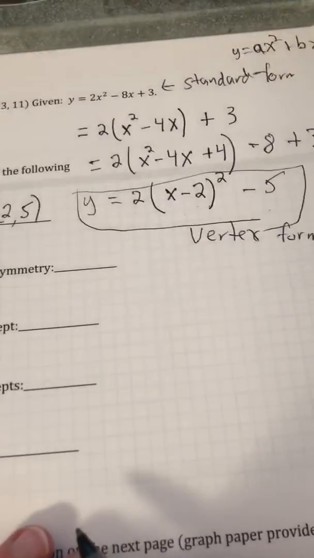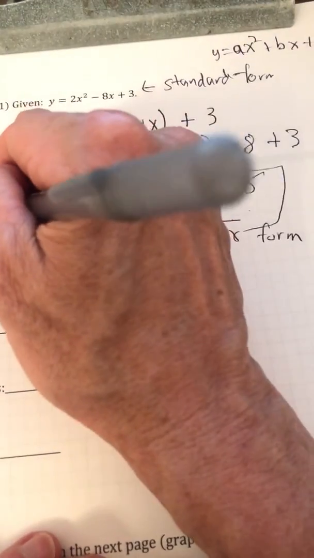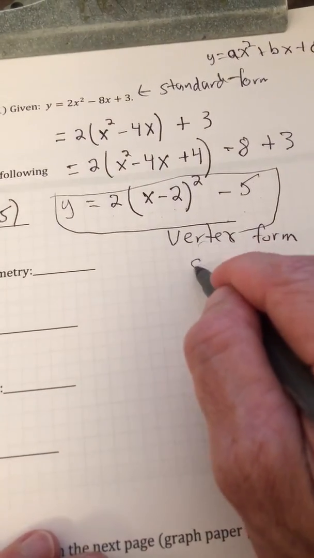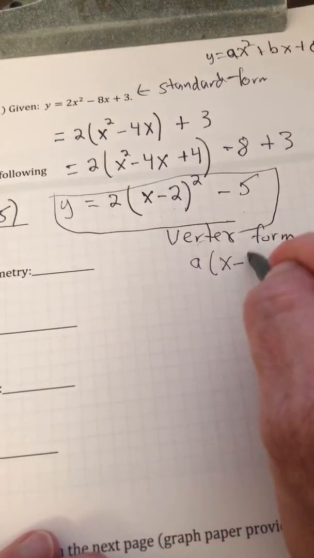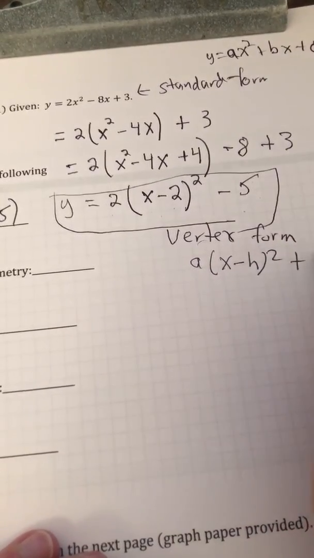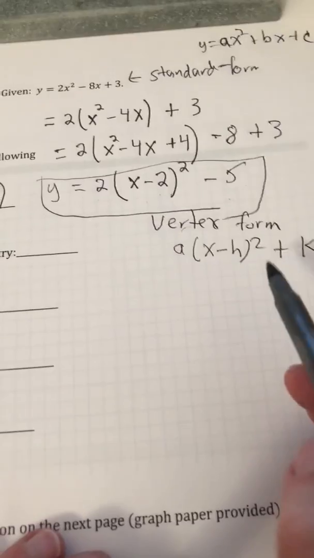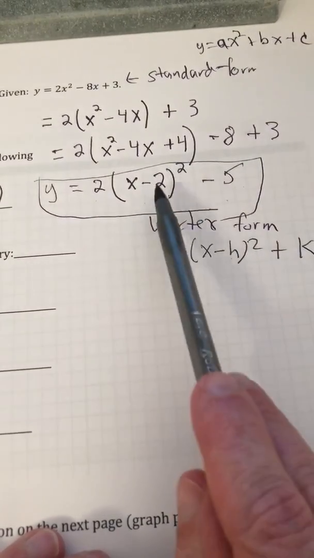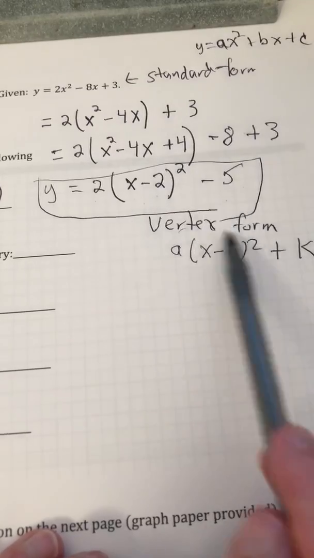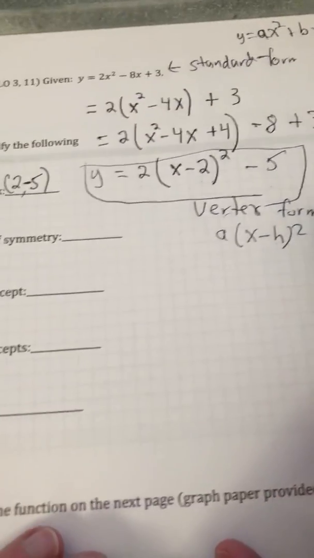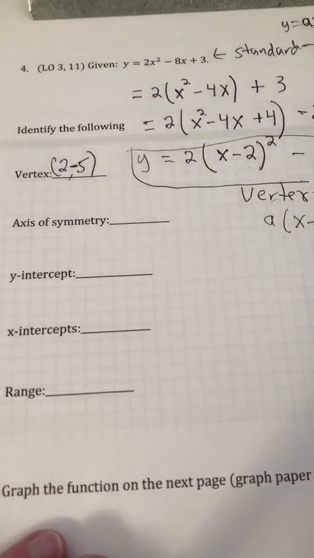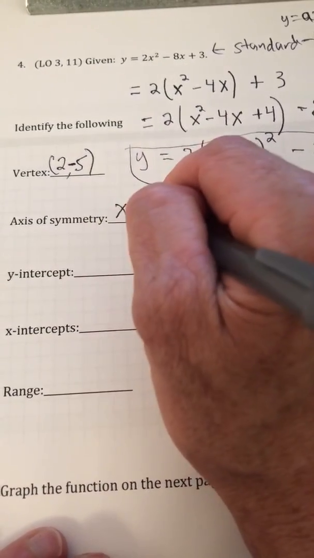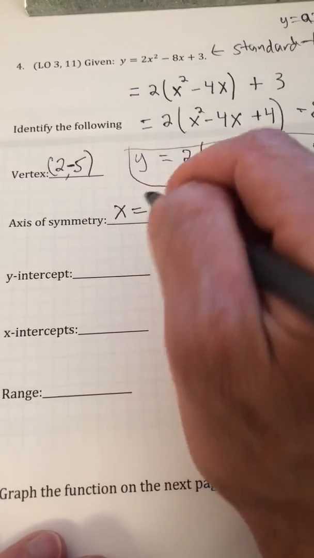Once you know the vertex, we compare this to a times x minus h squared plus k. In this case, h is 2 and k is negative 5. So the vertex is 2, negative 5. The axis of symmetry is x equals 2.